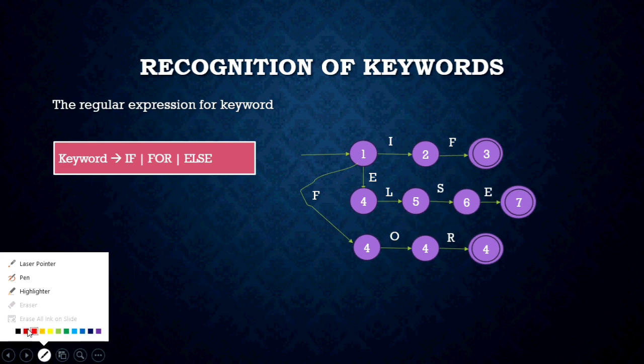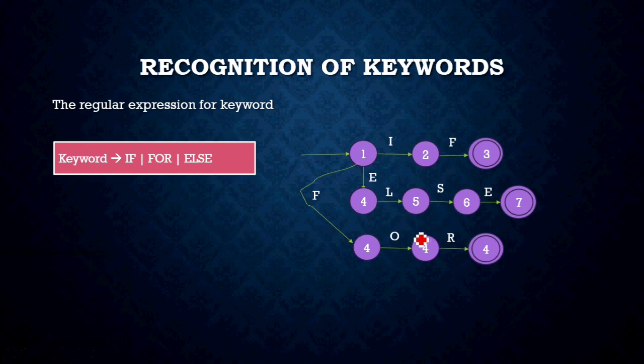This is state number 8, this is state number 9, and this is state number 10. So 10 is a final state here. So 8, 9, 10 are used for recognizing the keyword for. So this is how it continues. This is called the state diagram for recognizing the keywords.